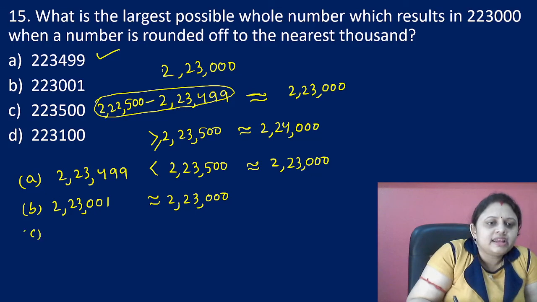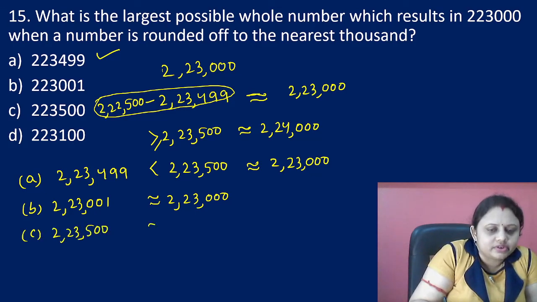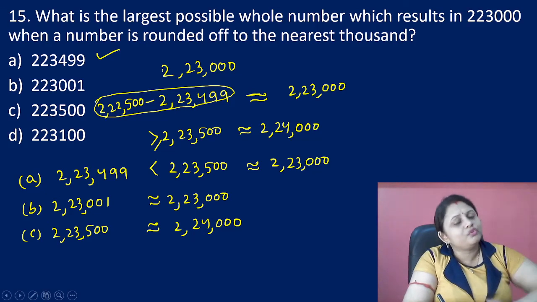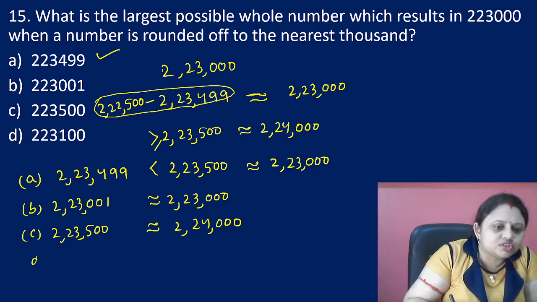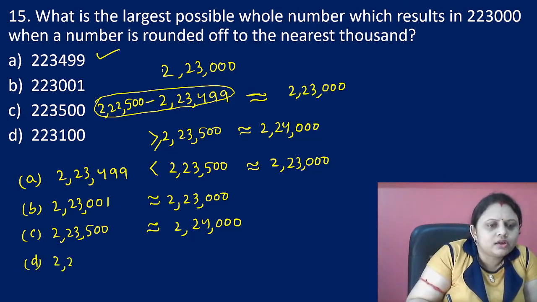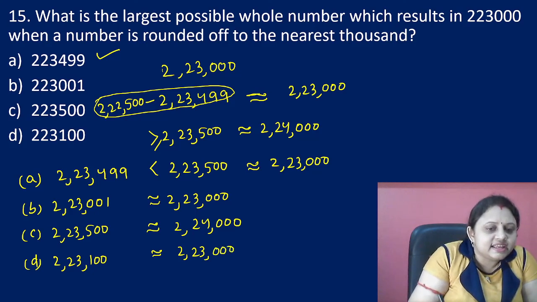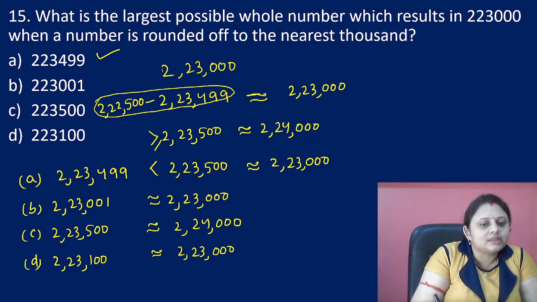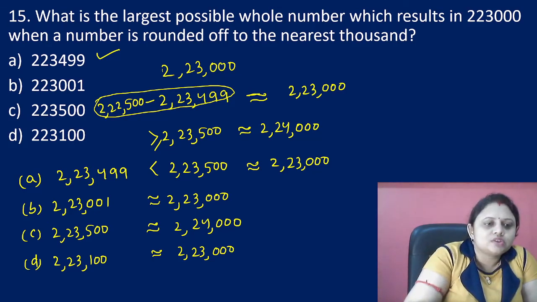Next, 2,23,500 will be 2,24,000. We are rounding to the nearest thousand. Next option, 2,23,100 will be 2,23,000 as it is less than 2,23,499. So our correct option is option A, that is 2,23,499.